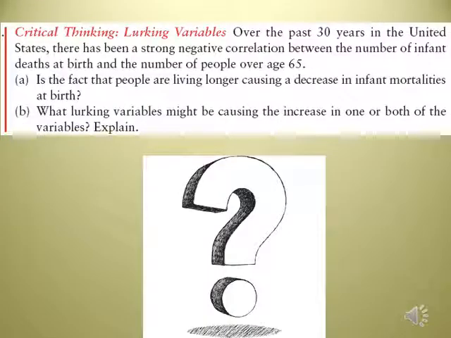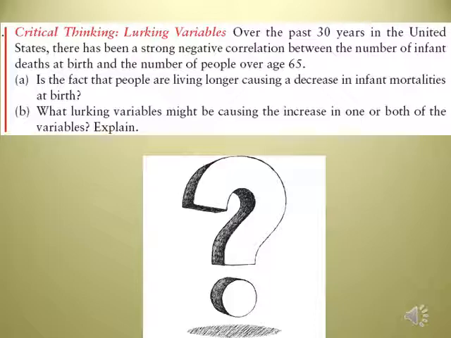Here's an example that comes straight out of your book. It says, over the past 30 years in the United States, there's been a strong negative correlation between the number of infant deaths at birth and the number of people over age 65. Is it a fact that people living longer is causing a decrease in infant mortalities? Well, no. And then they go into the second part, what lurking variables might be causing the increase in one or both of those variables.